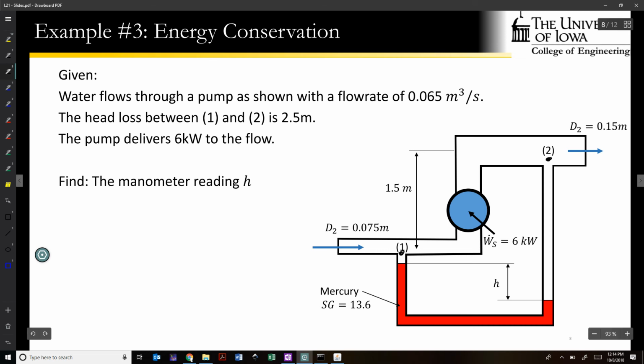So for this one, we could go ahead and say that gamma for water is 9.81 kilonewtons per meter cubed, which means that rho water is equal to 1,000 kilograms per meter cubed.